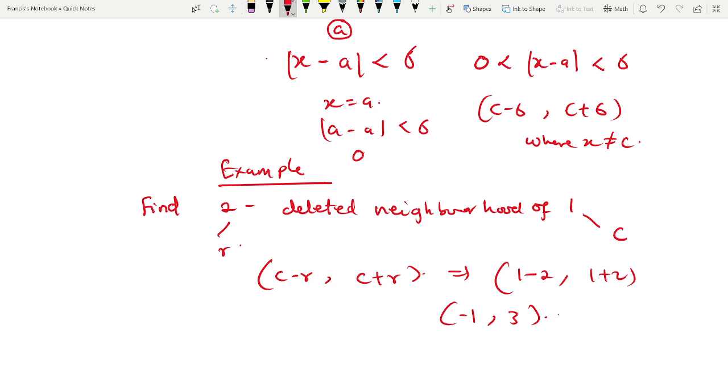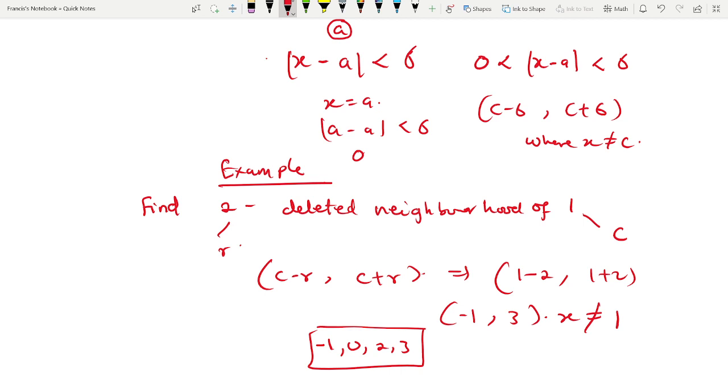Then you state that x is not equal to 1, your center. So your interval now becomes negative 1, 0, 2, then 3, with the exception of 1. You take 1 out of your interval. So that is the concept of deleted neighborhood.